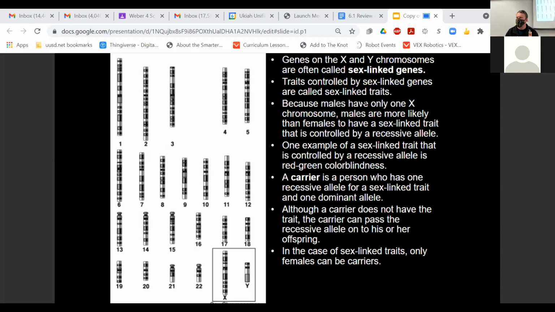That is a form of color blindness because they have a hard time seeing what the real color is. Although a carrier does not have the trait, the carrier can pass a recessive allele on to the offspring. In the case of sex-linked traits, only females can be carriers. So a mom could be a carrier for color blindness and not actually exhibit it because she's not male. Does that make sense? Make sure that you write all of them.